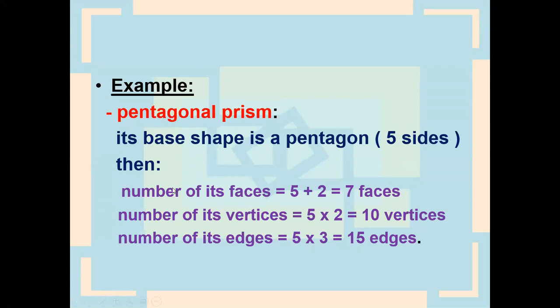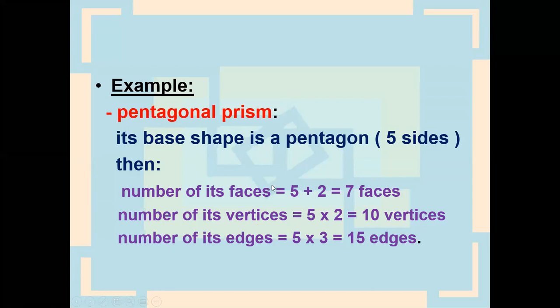To find the number of faces, add 6 plus 2, equals 8. To find the number of vertices, multiply 6 by 2, equals 12. To find the number of edges, multiply 6 by 3, equals 18.